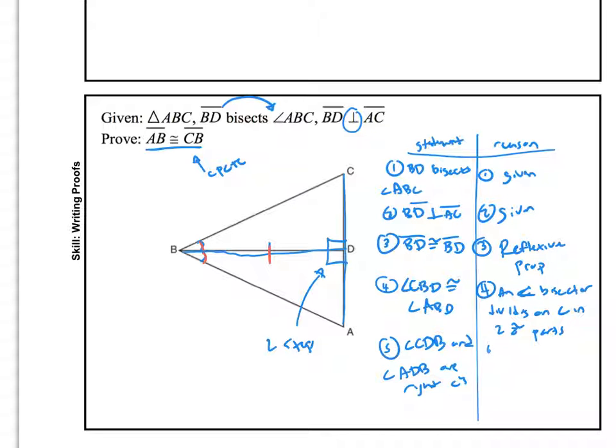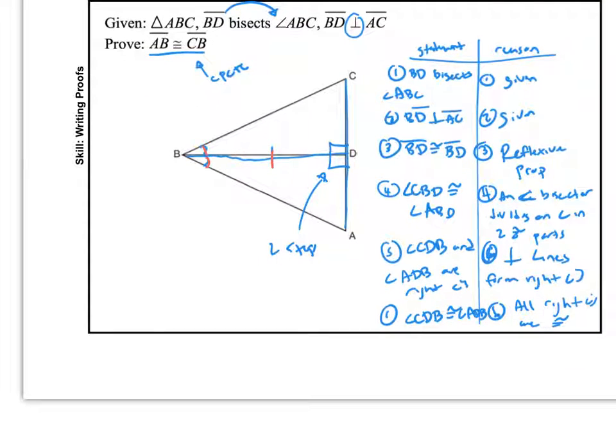I know that because perpendicular lines form right angles. And then six, now is when I could say they're congruent. Angle CDB is congruent to angle ADB because all right angles are congruent.